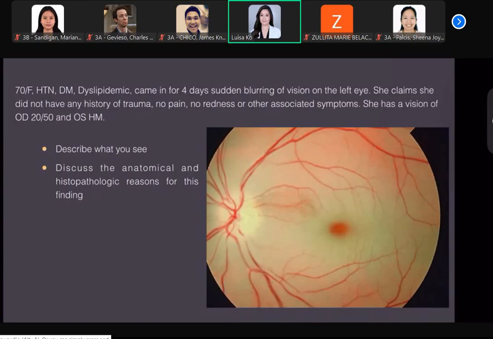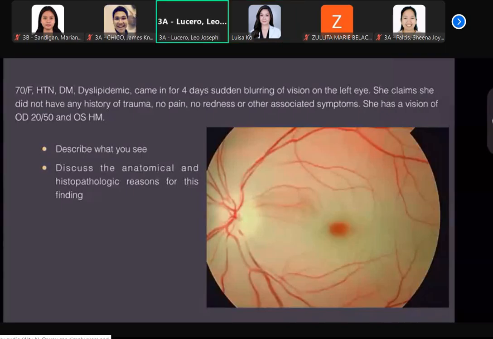Okay, anyway. Why do we have a cherry red spot in CRAO? The choroidal perfusion is preserved, Doc. All right, good. What else? The retinal ganglion cell layer, Doc, becomes edematous and ischemic.